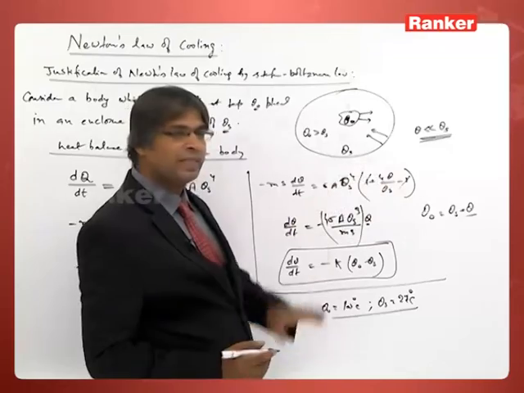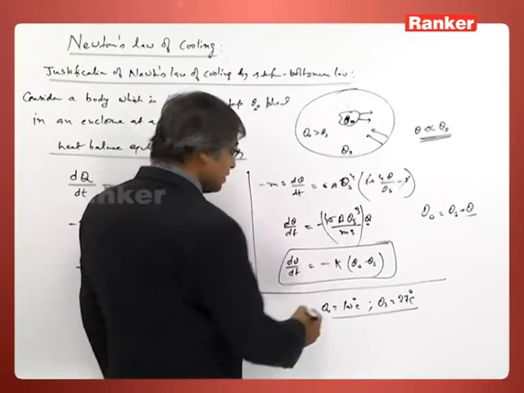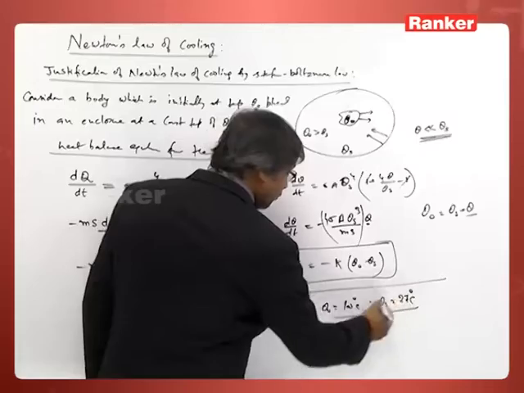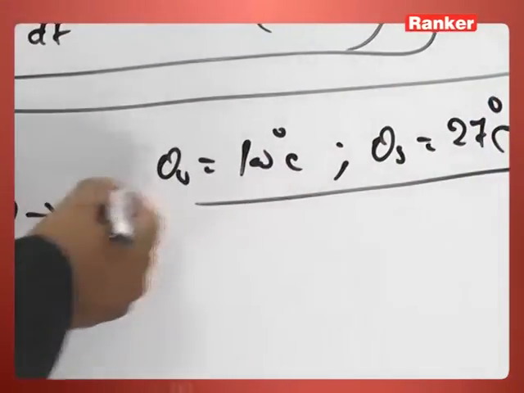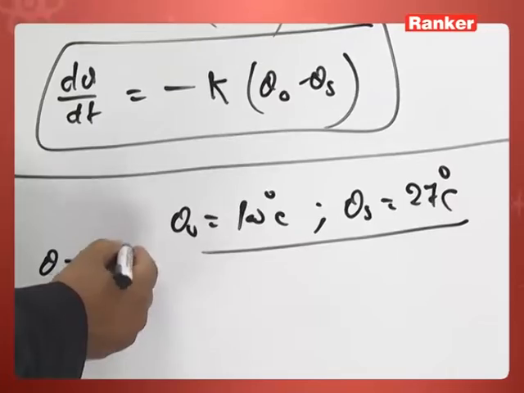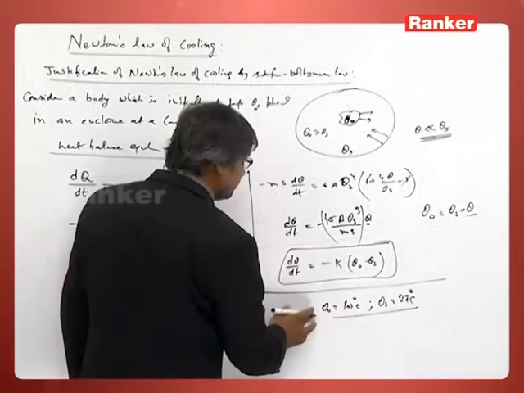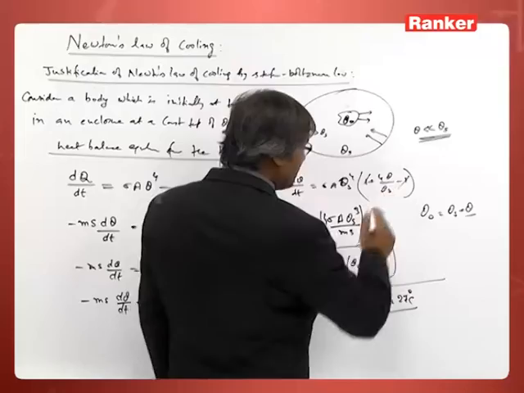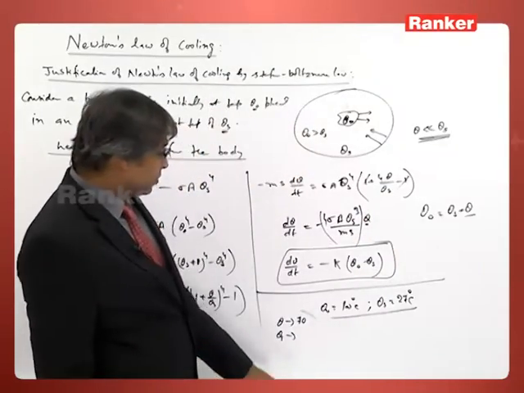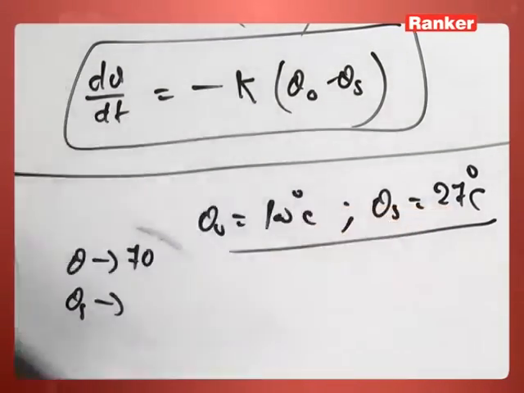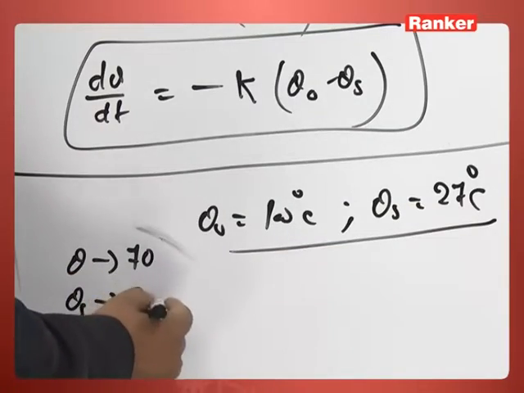So, you see the temperature difference theta is of the order of nearly 100 minus 27, nearly 70, I can say, suppose this is 70. So, this is 70 and theta s, it is expressed in actually Kelvin. So, theta surrounding is 27 plus 273, that is nearly 300.